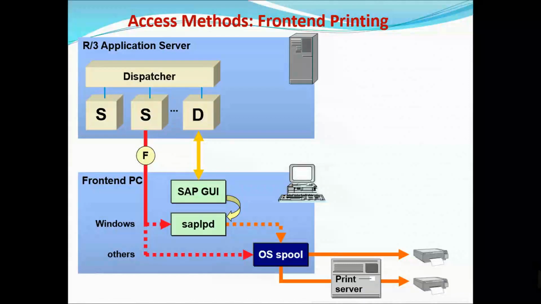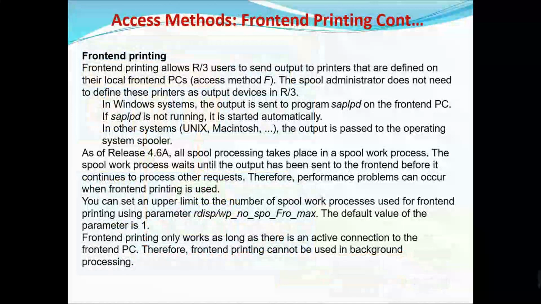Come to the next, front end printing. In front end printing we have the same way: dispatcher, then spool system, then dialog work process, then ultimately the front end PC that is available with the user itself. From SAP GUI, SAPLPD will come into play, and then again the spool system. This is the detail of it.